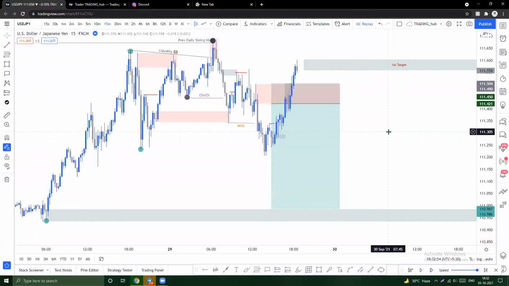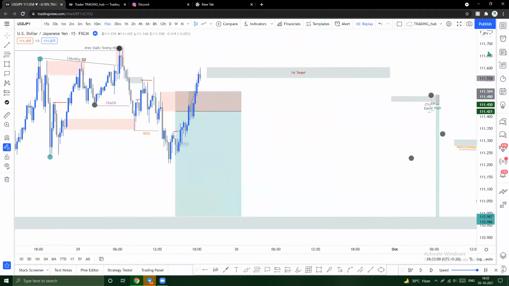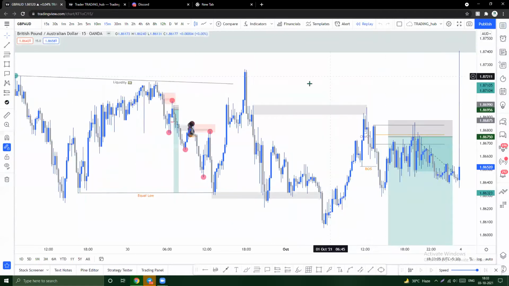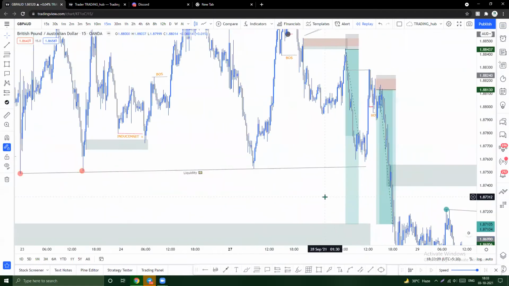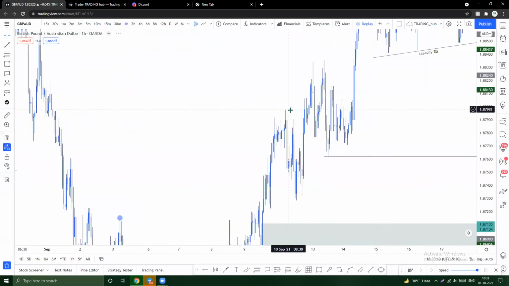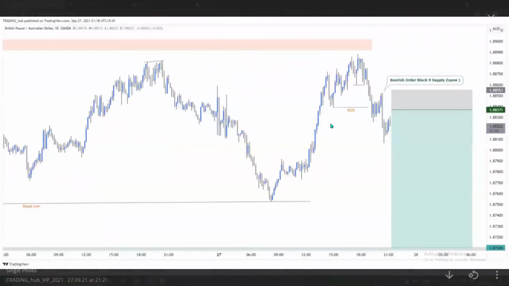Right, and the next trade was GBP/AUD, which is here. Let me show you the trade.